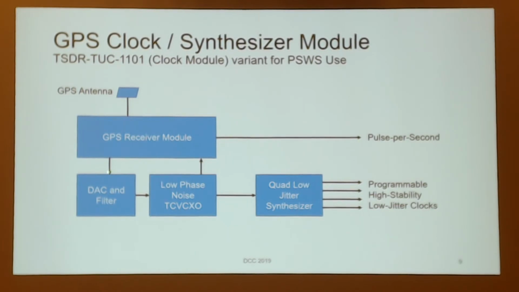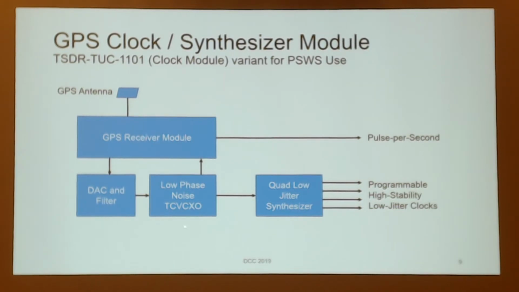And we're looking at putting on an external digital to analog converter and filter and a low phase noise, temperature compensated, voltage controlled crystal oscillator in a loop here. And the loop update rate is very, very slow. It tends to basically update once per second because it looks at the 1 PPS time coming out of GPS and asks, is the time going a little bit ahead or a little bit behind?